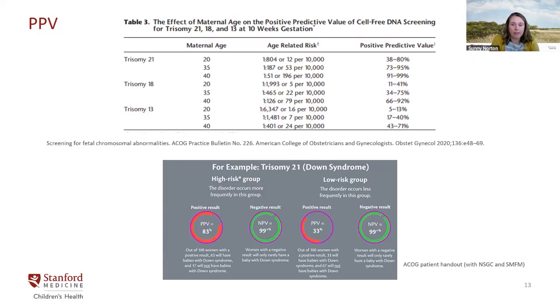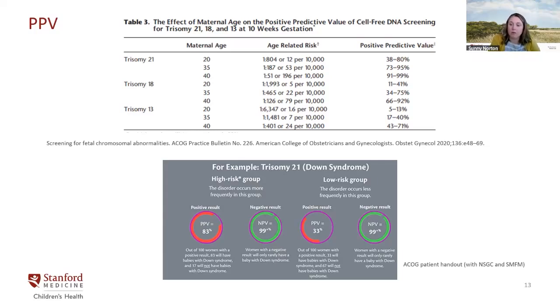So for example, in a situation where we have a 20-year-old with a positive cell-free DNA result for trisomy 18, the PPV is somewhere in the range of 11 to 41%, meaning the chance that the pregnancy is actually affected with trisomy 18 is potentially as low as 11%.